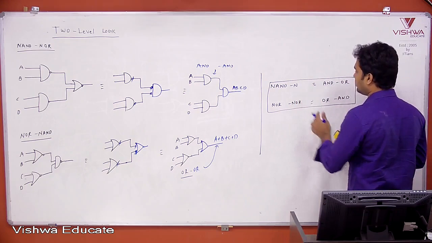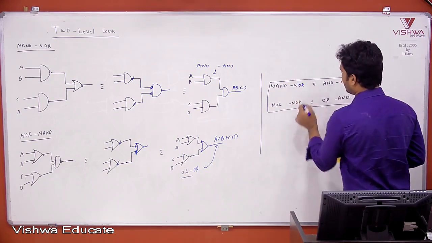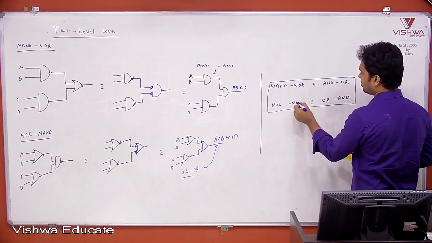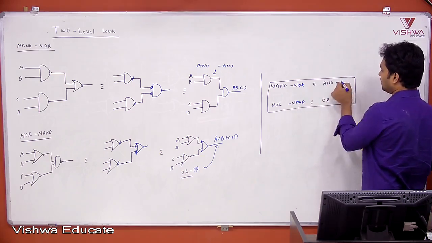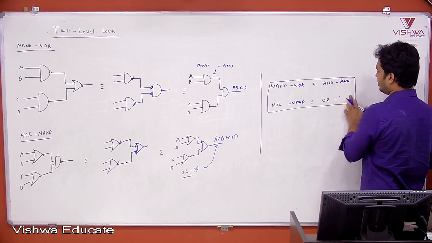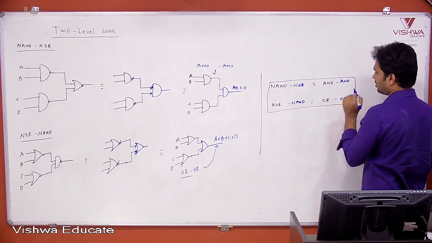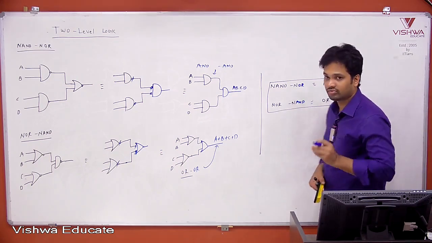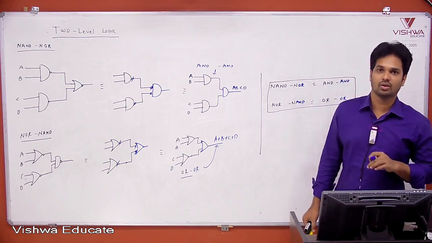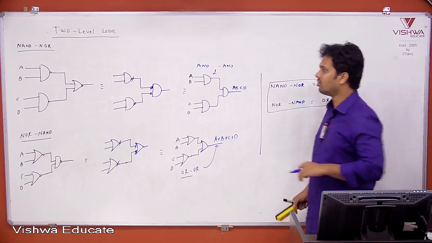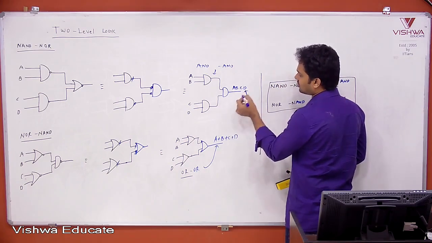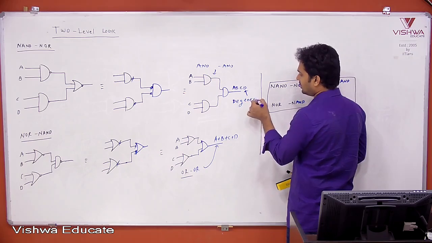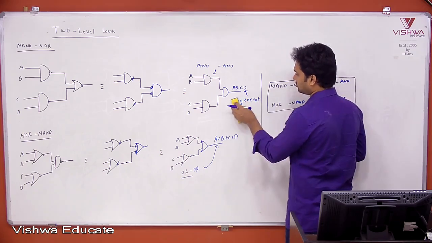NAND followed by NAND gives AND OR. NAND followed by NOR gives AND followed by AND. NOR followed by NAND gives OR followed by OR. NOR followed by NOR gives OR AND. Out of the four different two-level logics available, the AND followed by AND, that is NAND NOR logic, is also given a name: degenerative form.